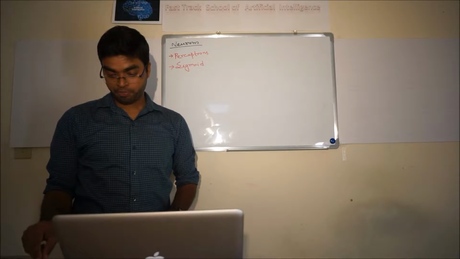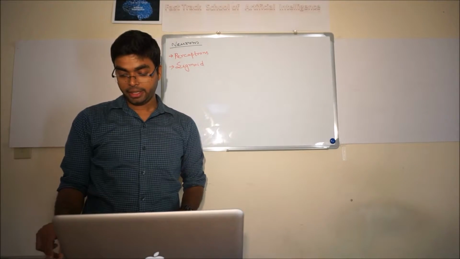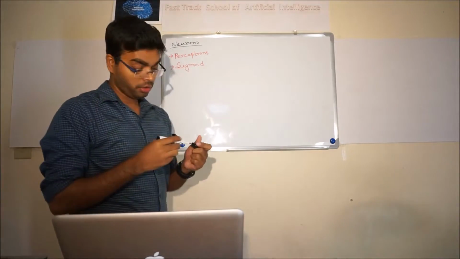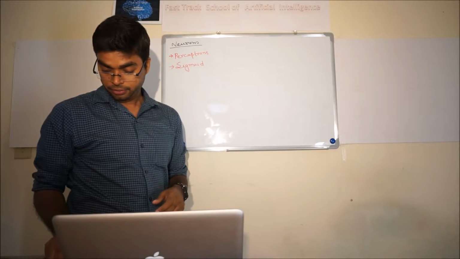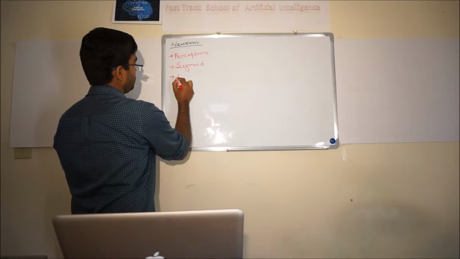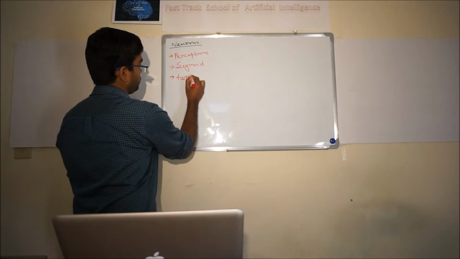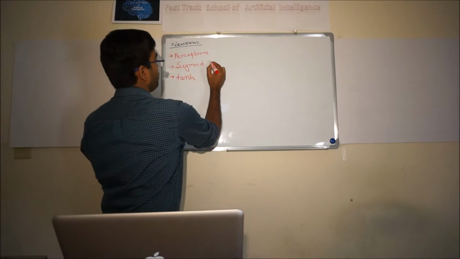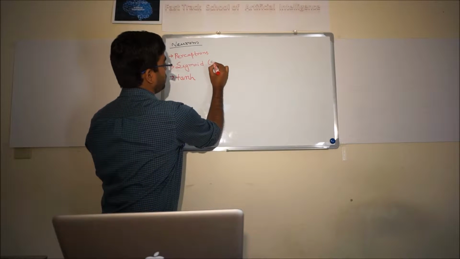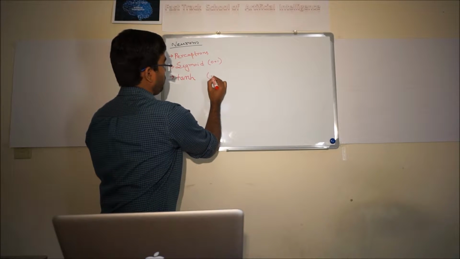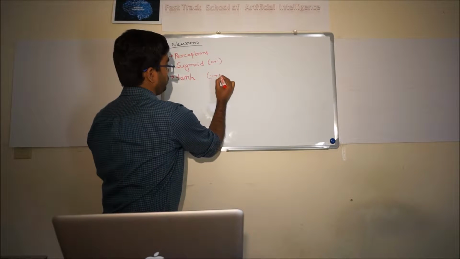Alright, so the next type of neuron is tanh. What it does, let me write down the output, it is between minus 1 to 1.